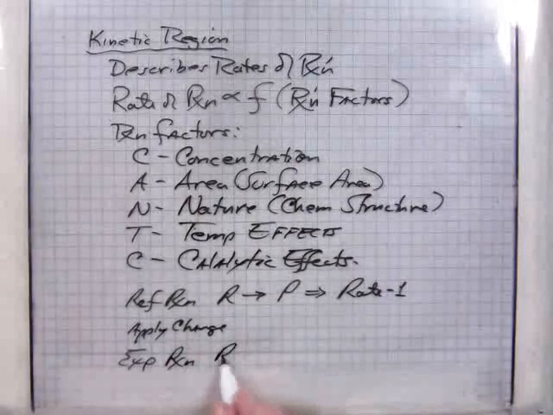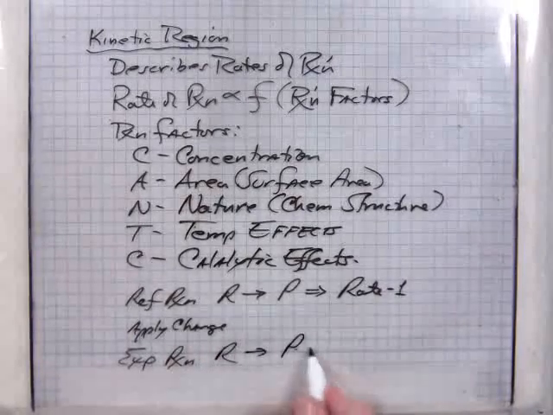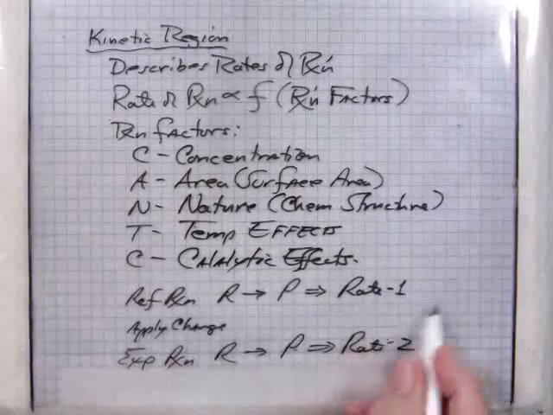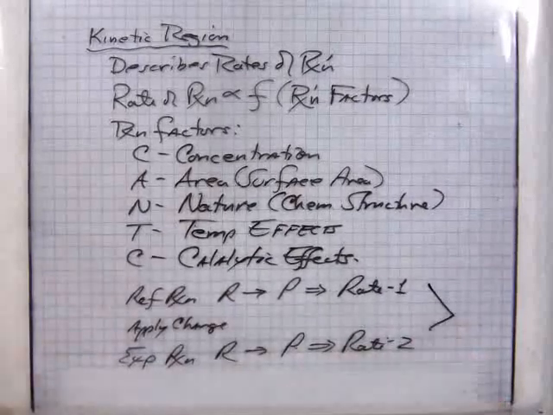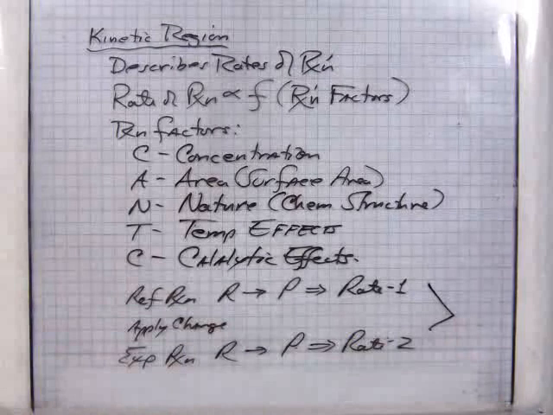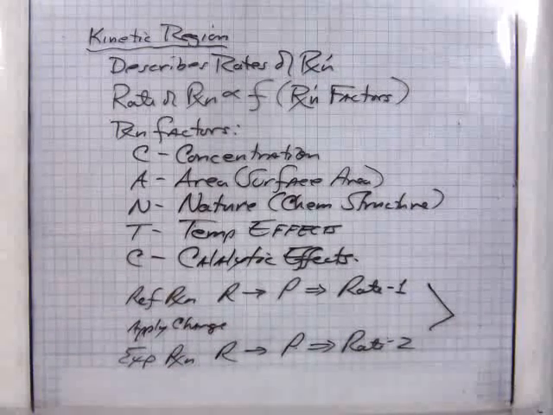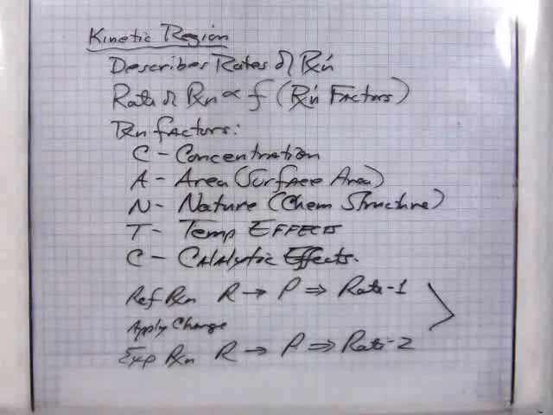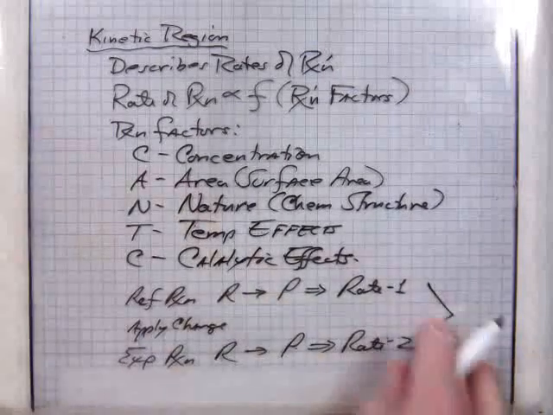And so this gives a reaction rate number 2. And so the change in this rate of reaction from case 1 to case 2 defines what we call the rate trend of the reaction.